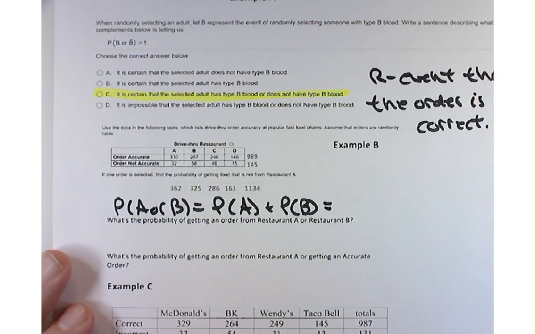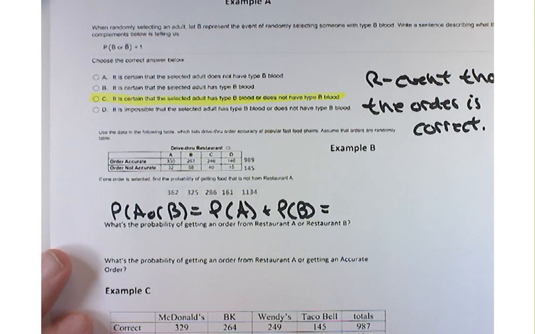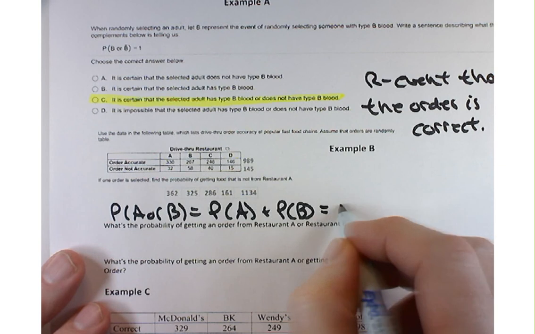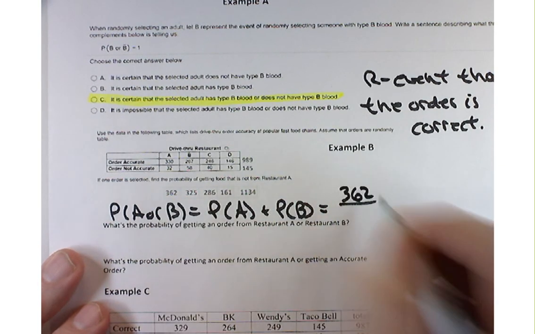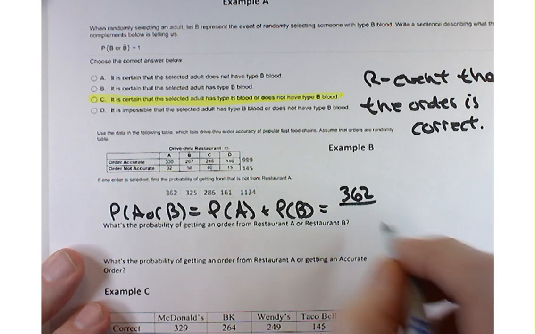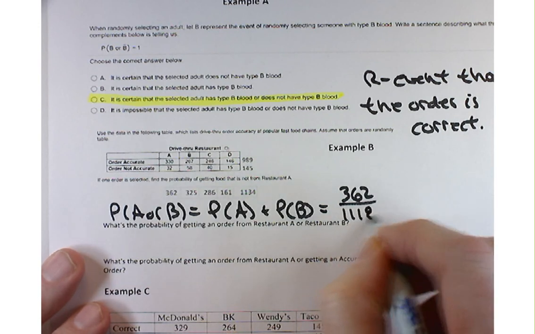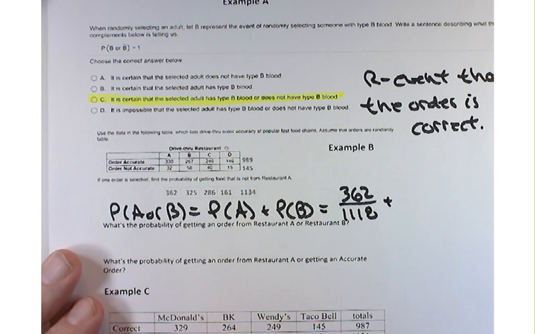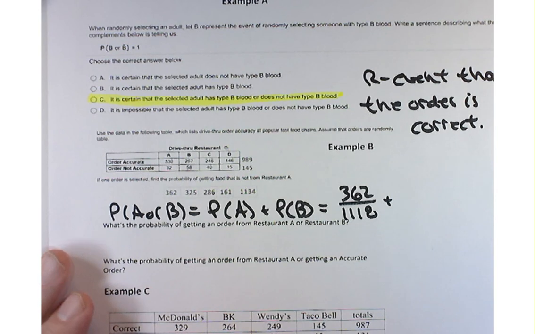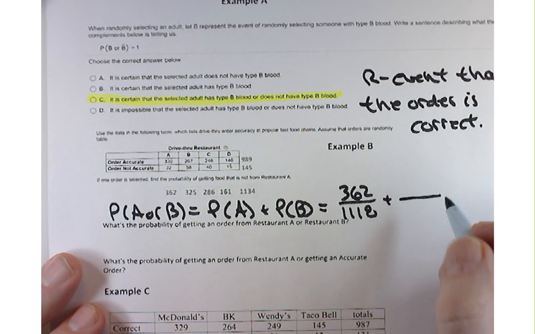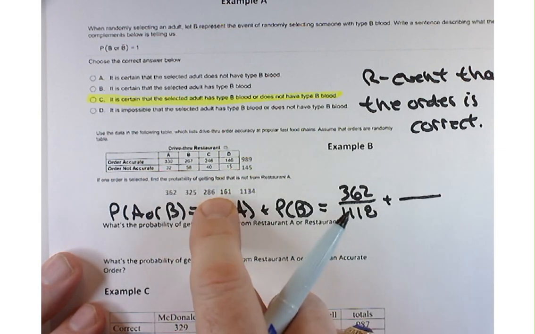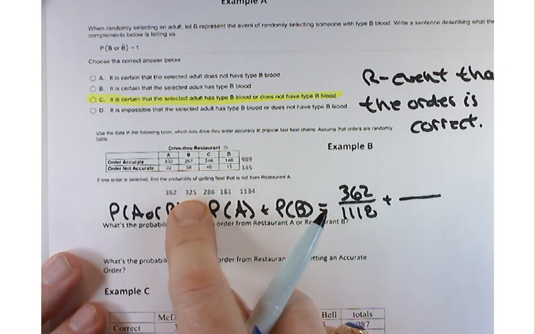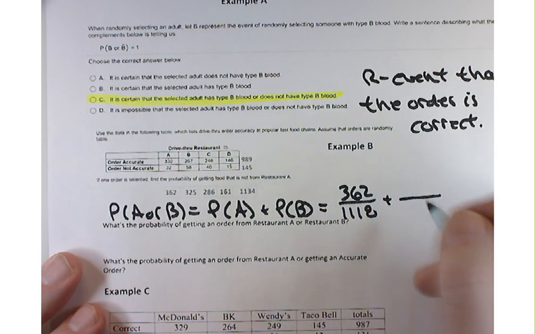Now the question is, what's the probability of eating at restaurant A? Well, I've given you the marginal totals here. There's 362 people who chose to do so out of 1,118 in the survey. Probability of B, that's going to be 325. I got that right?